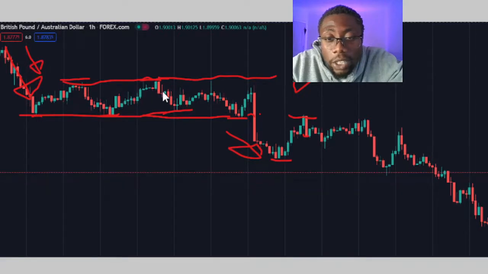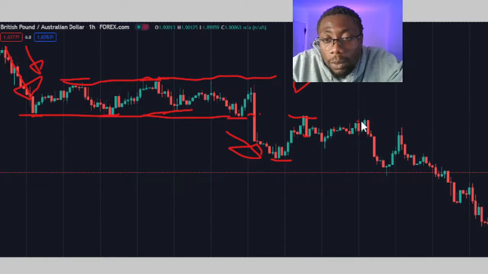After a long congested period of time, price broke out with momentum in the direction of price and gave us a pullback to the pip, which we got a momentum close away from the level of previous support, now acting as a resistance, and we see price continue to drop.